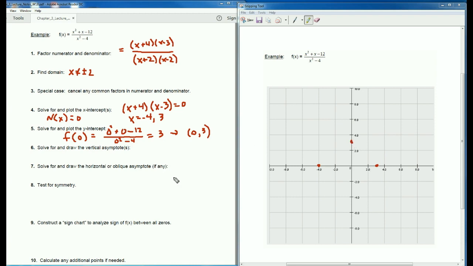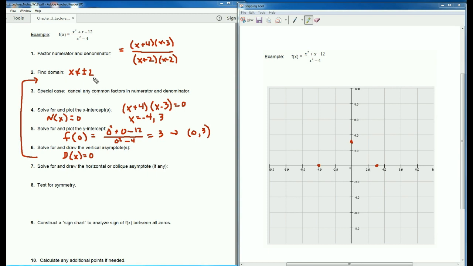Solve for and draw the vertical asymptotes. Okay, so again, this is where the denominator is equal to 0. And in this case, we basically already solved for that up here because there was no special case.